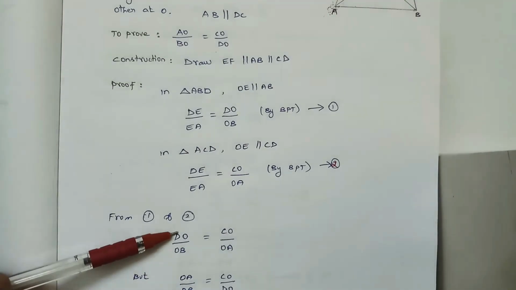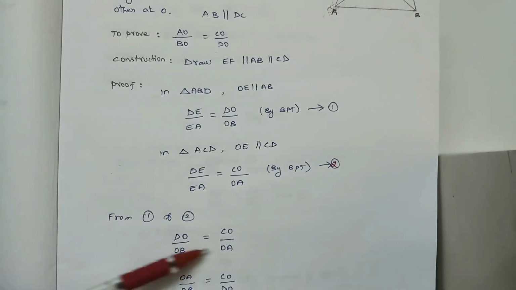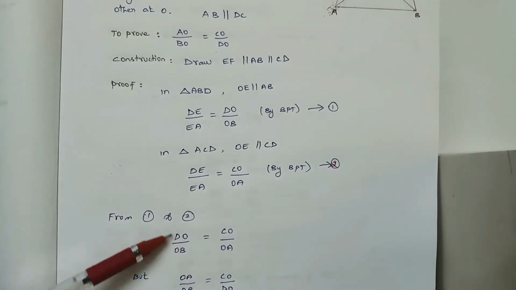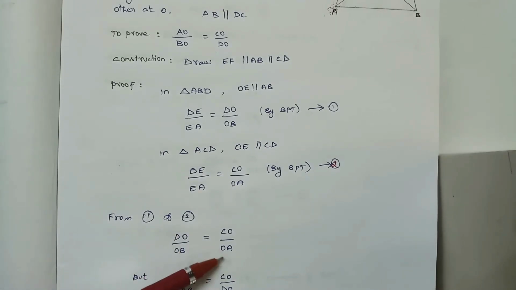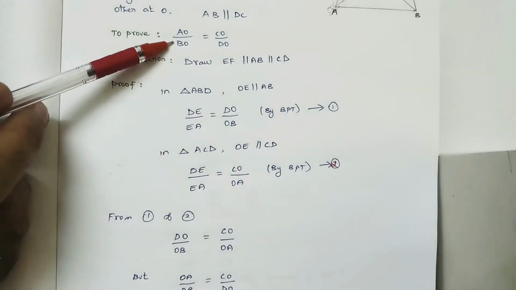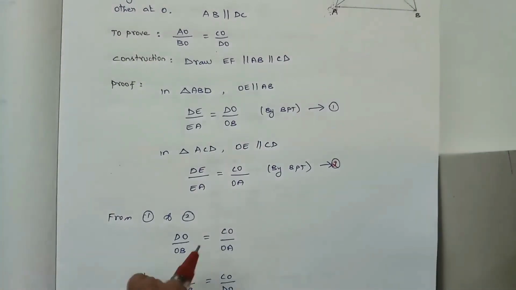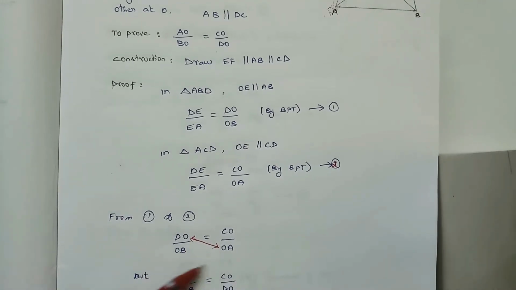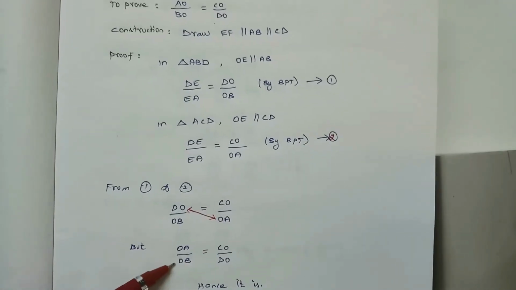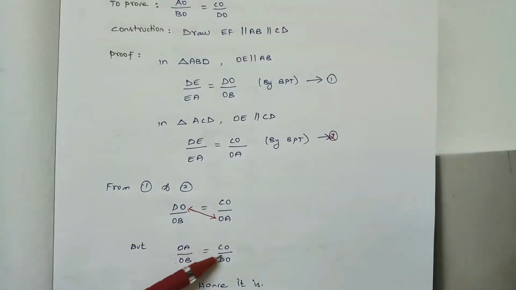Here the places are different: OA should be in the numerator of the LHS, and DO in the denominator of the RHS. So we just exchange them. Take OA to the LHS and DO to the RHS. So OA divided by OB is equal to CO divided by DO.